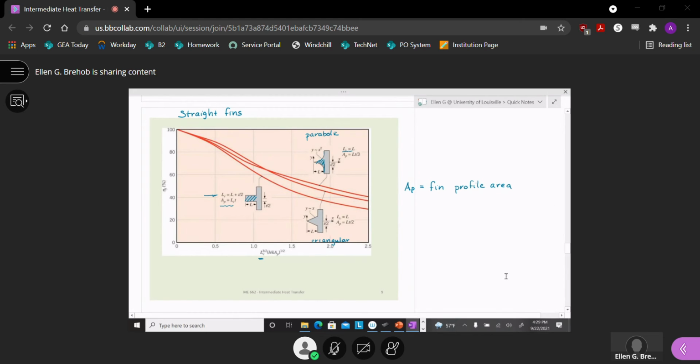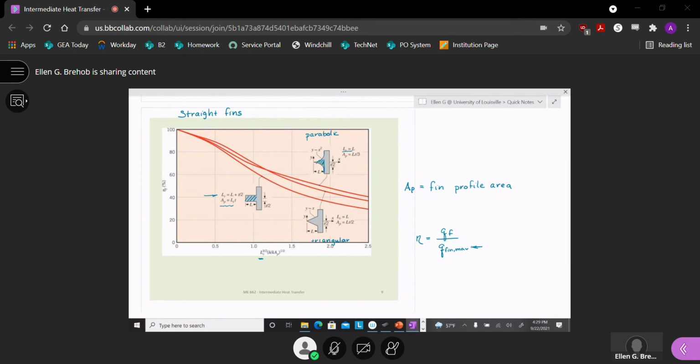Okay. This shows, let's see, they all have, when they're really short, little stubby fins, and we're thinking about efficiency, that is in the denominator, it's that I assume all of the fin surface is at the base temperature to get this maximum.